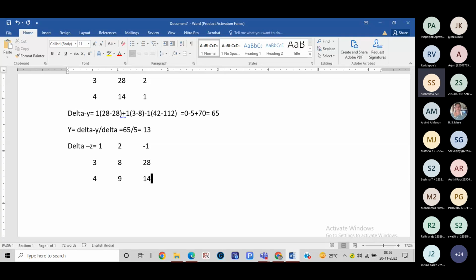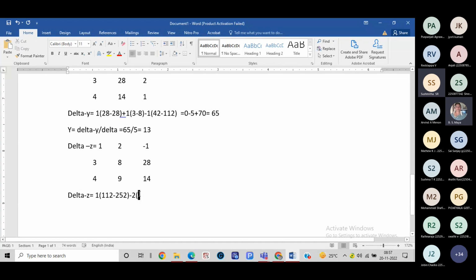Okay, now find out the answer. Delta z is equal to 1 into 14 eighths, minus 28 nines are 252, minus 252.